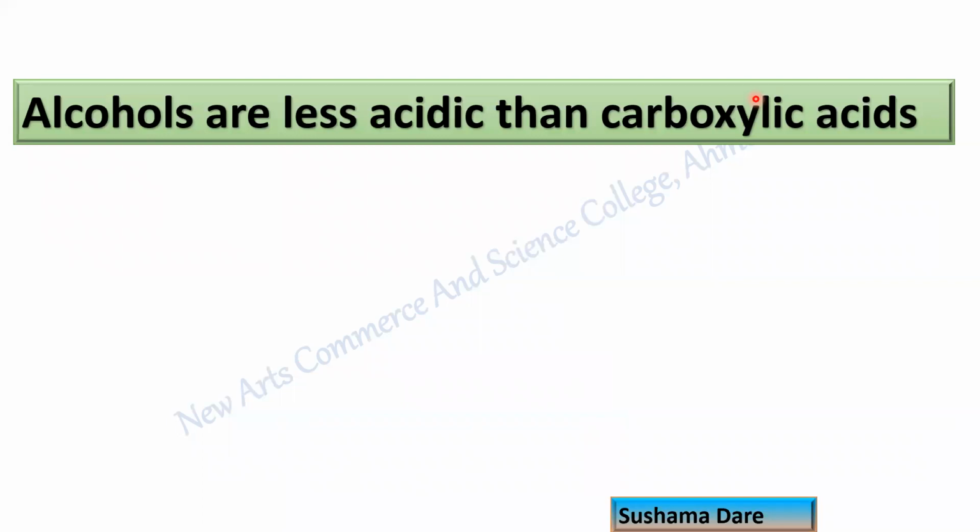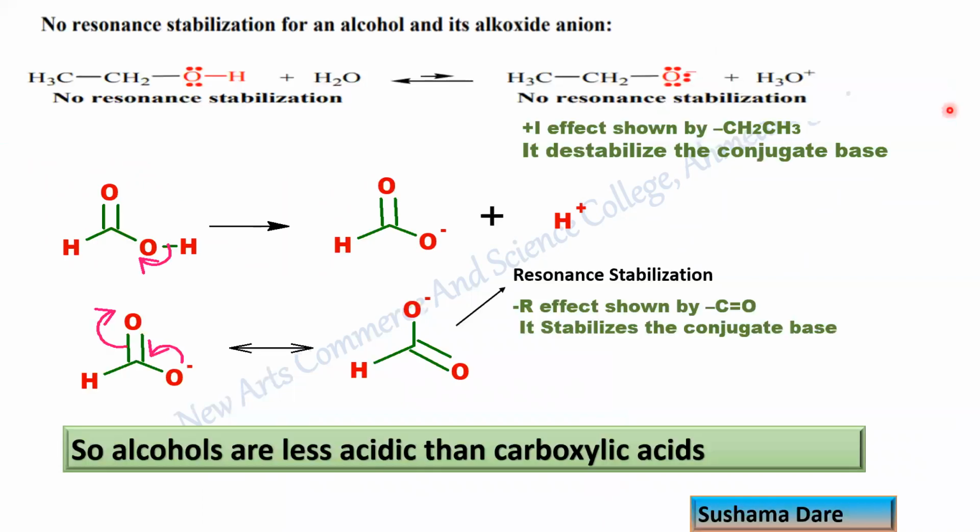Now the next example: alcohols are less acidic as compared to carboxylic acid. Let us take methanol as the first example, and the second example is methanoic acid, which we just discussed. In methanol, after this proton dissociates, the conjugate base formed is CH3CH2O minus, along with H3O plus.